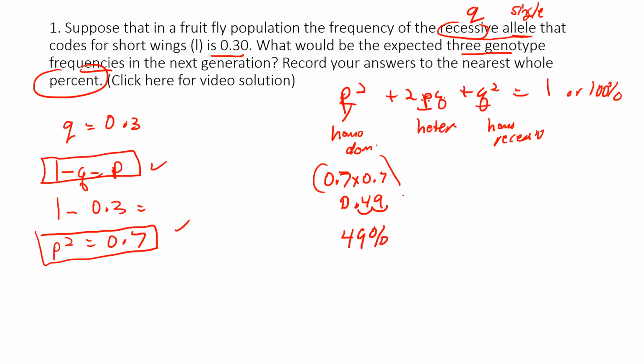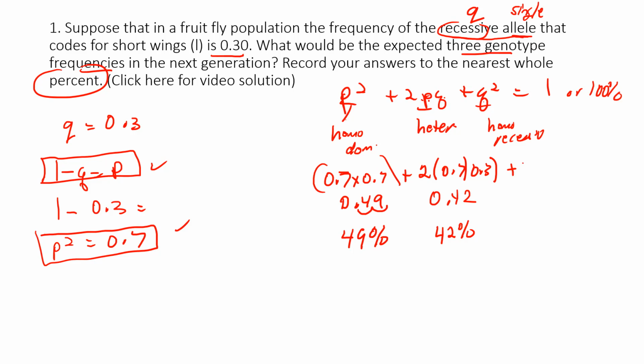Now for the 2PQ, we go 2 times 0.7 times 0.3, and when we do all of that, we come up with 0.42, or 42%. These are very easy now. Again, the hardest part is just determining what they're giving us and what they're asking us to solve.